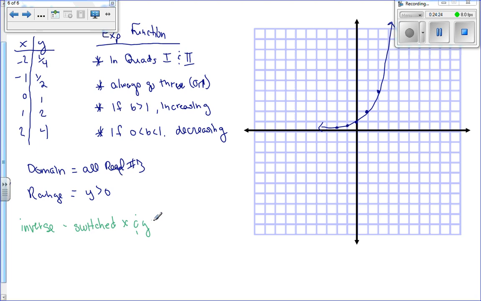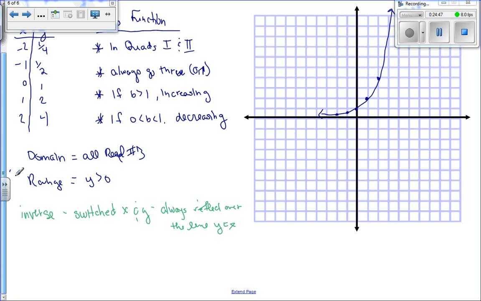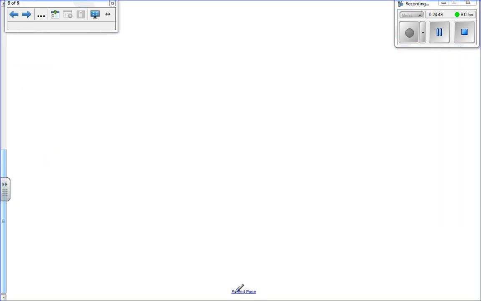And our graph always reflects over the line y equals x. Okay.